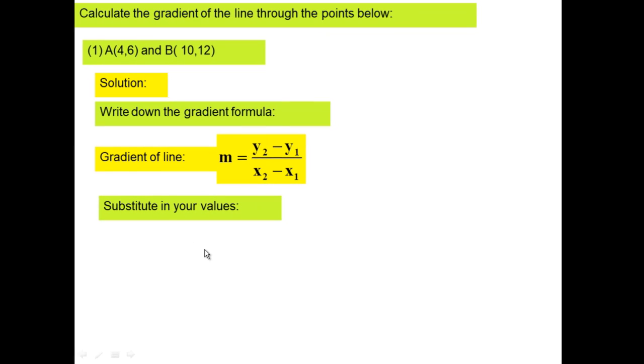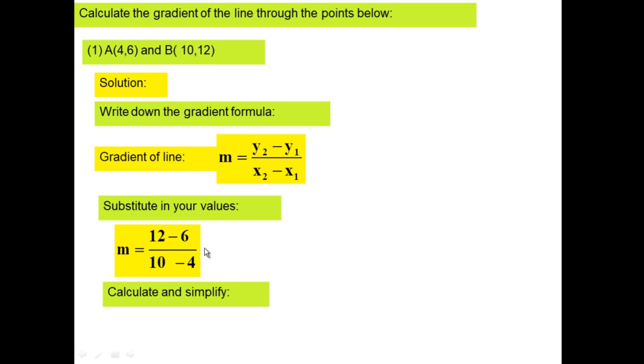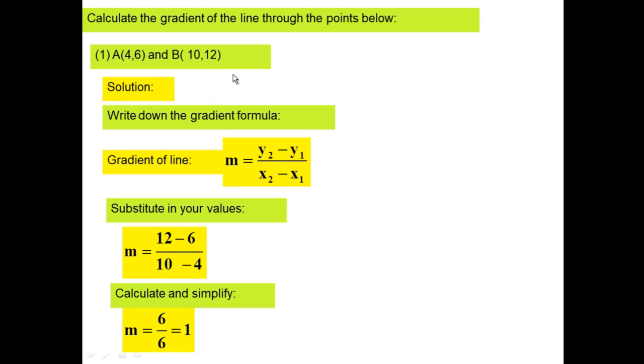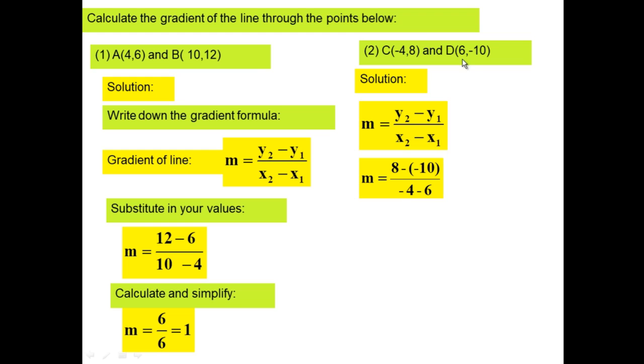The answer is 1. So for the first, the gradient is 1. For the second, the gradient is negative 10 minus 8 divided by 6 minus negative 4.